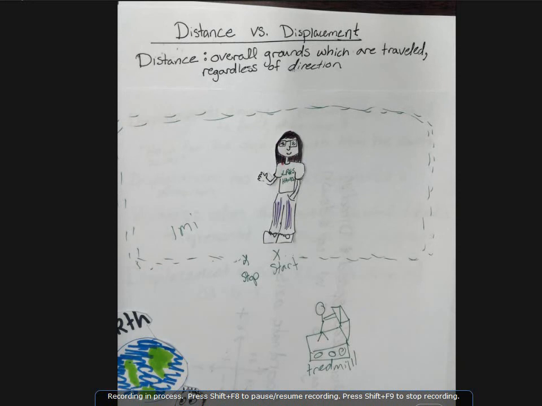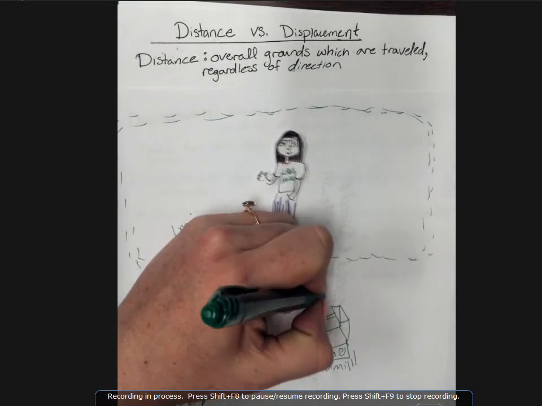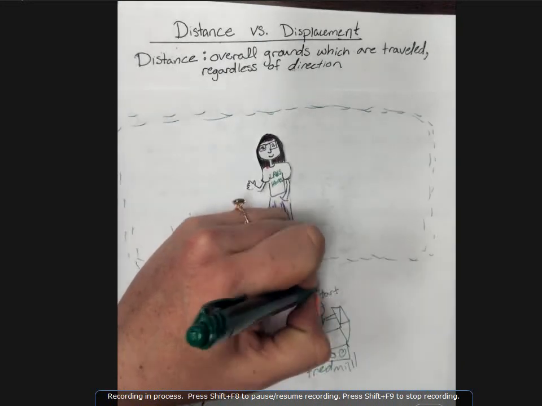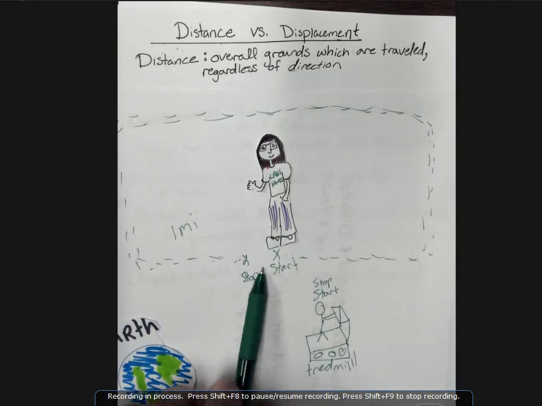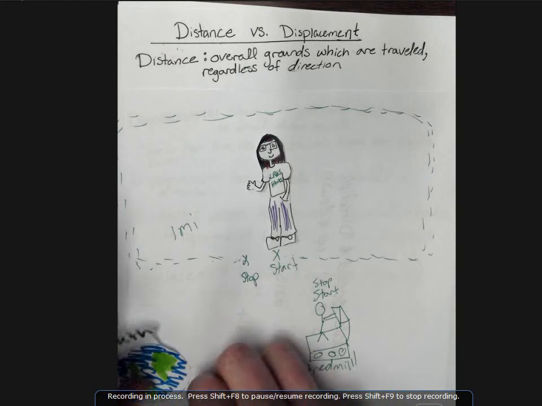And you start and you stop in the exact same place. You didn't go anywhere, however, you traveled a distance of however many steps you took, right? You could have gone a mile, whether it was around the track on campus or on a treadmill. The distance traveled, the ground that was traveled, was a total of a mile.